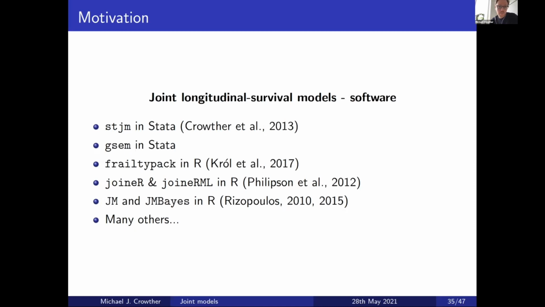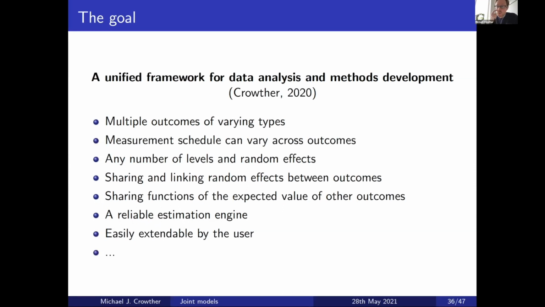What I wanted to do was try and bring together lots and lots of different extensions all under one framework. I wanted to attempt to model multiple outcomes, each of different types, allow the measurement schedule to vary across outcomes, so allow biomarkers to be measured at different time points, allow any number of levels, any number of random effects at each level, lots of flexibility in how we share and link random effects between outcomes, a reliable estimation engine, and also easily extendable by the user.